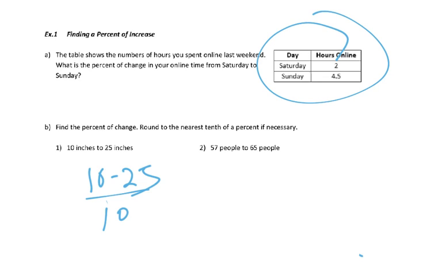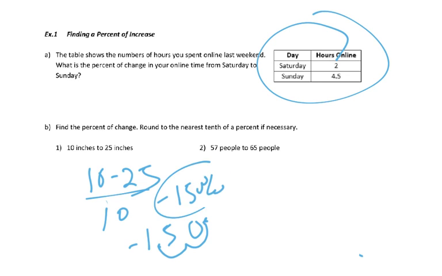If I take 10, subtract 25, I'm going to get negative 15. And negative 15 divided by 10 is negative 1.5. And remember, percentages are out of 100. So I have to go 1, 2. So it's going to be a negative 150%, okay?